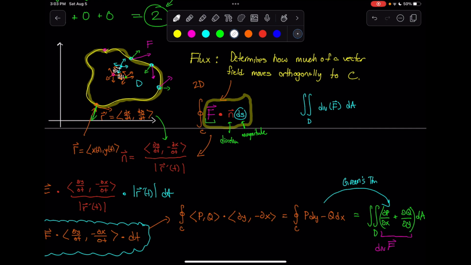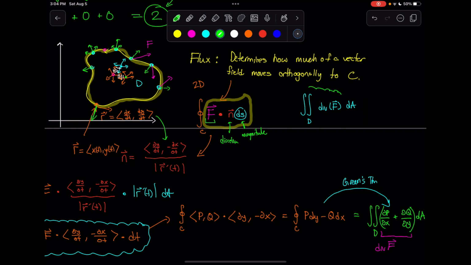And the only time that we're going to get points that don't cancel out when we do our divergence calculation is right here on the edge. It's the only place that we are not going to get everything to cancel out. It's going to be right there on those boundaries. And we can determine whether we are going to get inward movement or outward movement.